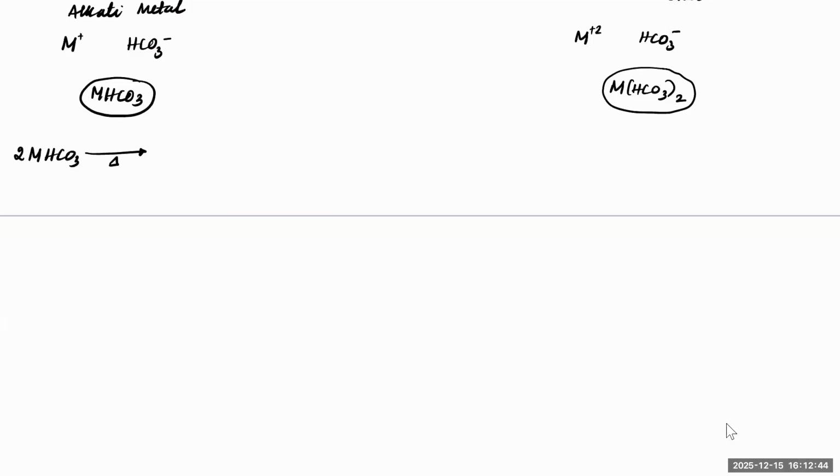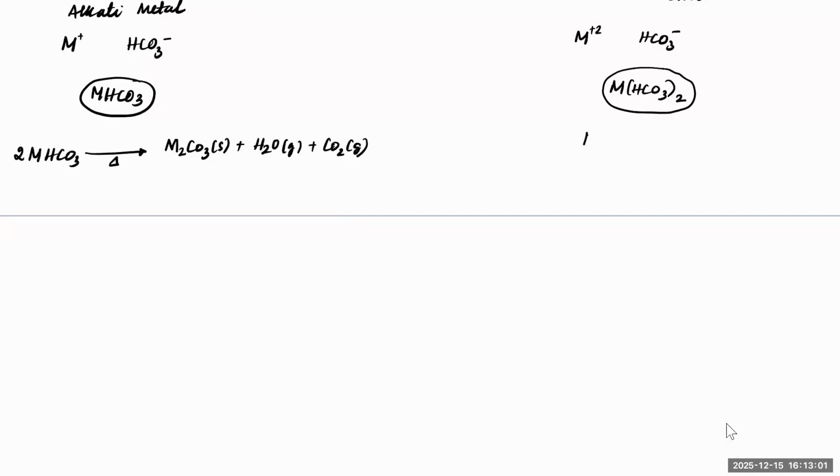Now, if we compare these two bicarbonates, in fact any bicarbonate in general, will always decompose. So if I take 2 moles of it, it will decompose into M2CO3 solid plus H2O and CO2. The water could be gas or liquid depending on the temperature, but this is what the decomposition looks like.